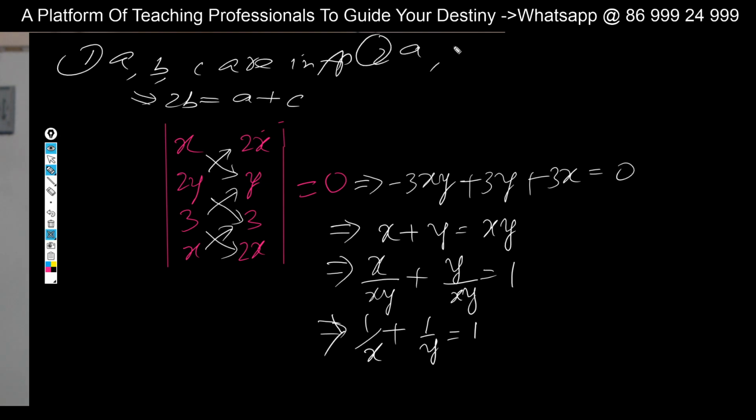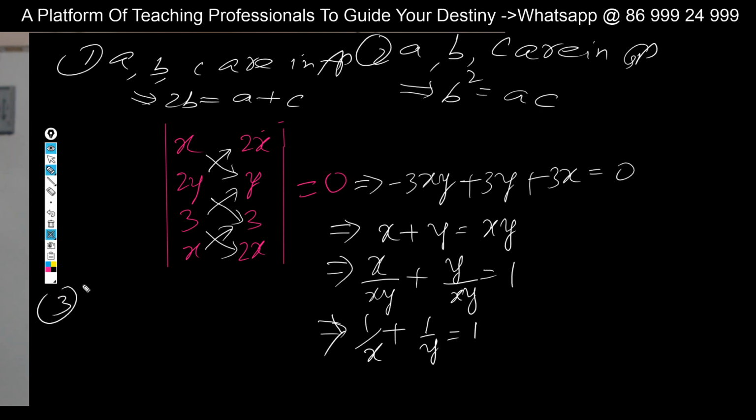Number 2, A, B, C are in GP, then B square is equal to AC. Similarly, A, B, C are in HP. Generally, it is neglected and you don't have this in your lower classes.